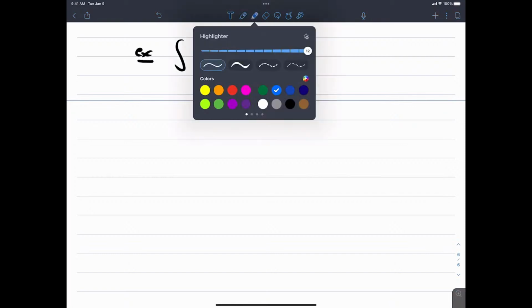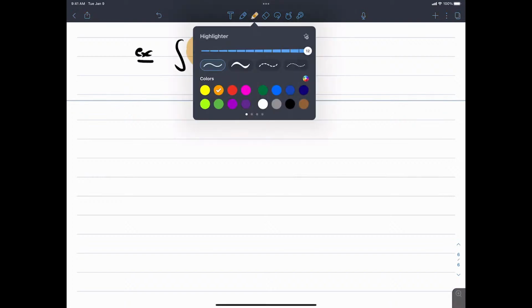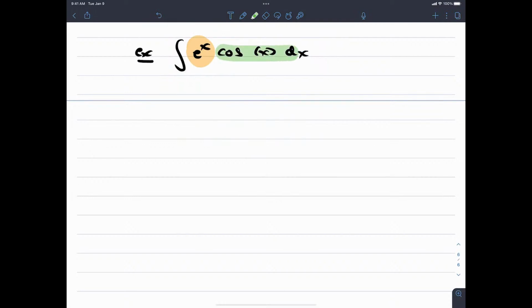You typically say u is the function that breaks down when you differentiate. Is that right? And then dv is the rest. The problem is, if I let u be e^x and I differentiate it, I get e^x. If I let u be cosine, what's the derivative of cosine? It's minus sine. It doesn't necessarily break down. You guys with me on that?